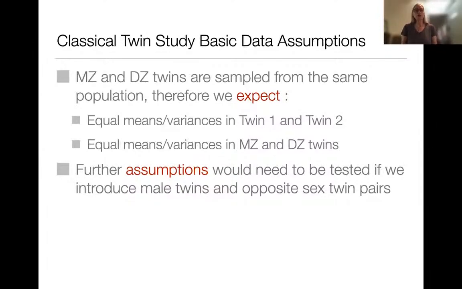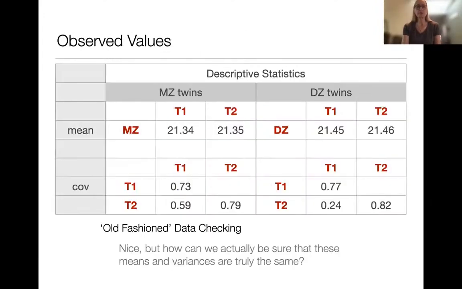We also expect to find equal means and variances in monozygotic and dizygotic twins. Now, there could be further assumptions needed that we will introduce when we introduce more complicated models that include other, for example, male twins or opposite sex twins, or a variety of other variables.